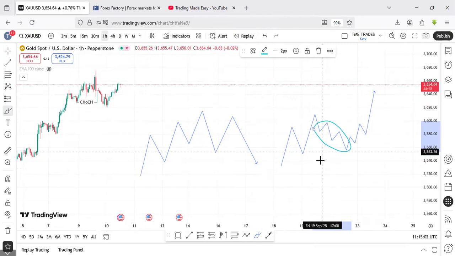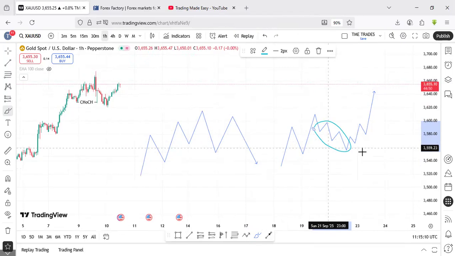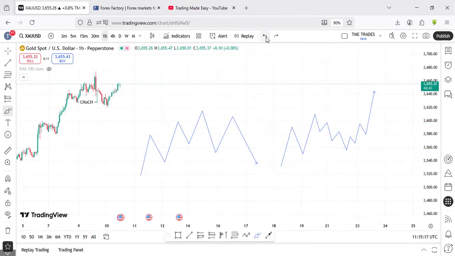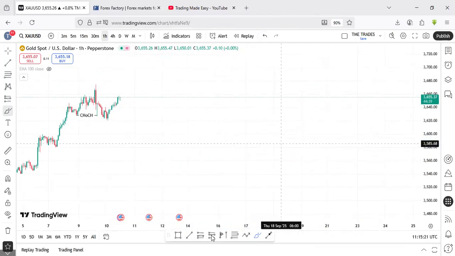Rather, they are taking off some internal liquidity or internal swings to fake or manipulate the market to the upside. Now, having this in mind, let's go back to our chart.